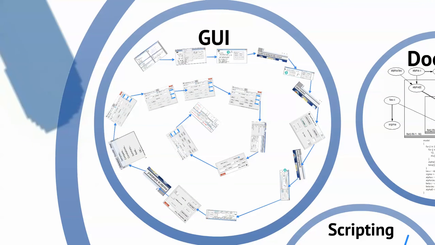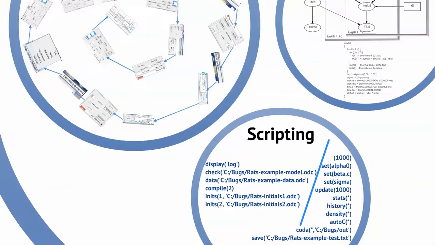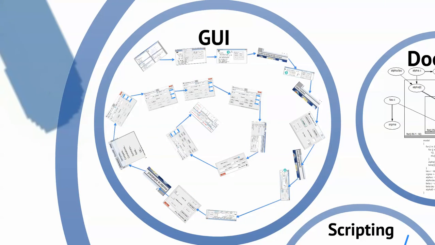So you had to go through a lot of clicking and selecting and all that. But usually statisticians don't like to select a lot of menu based clickers and all that. So we go to scripting, and you can see just by writing a couple of lines you can avoid all these GUI steps.